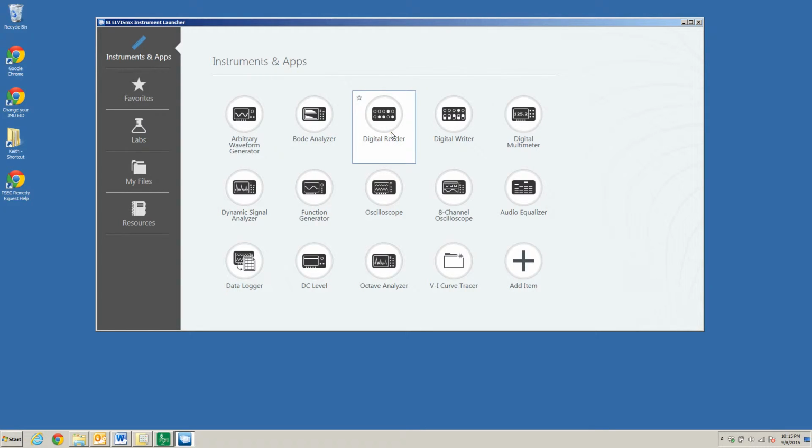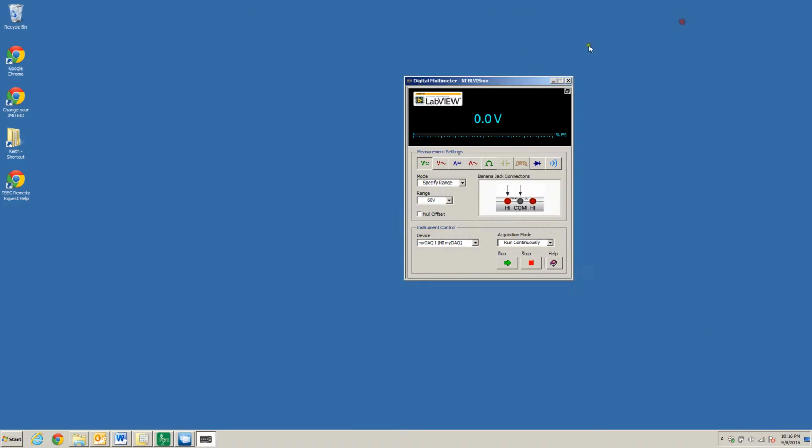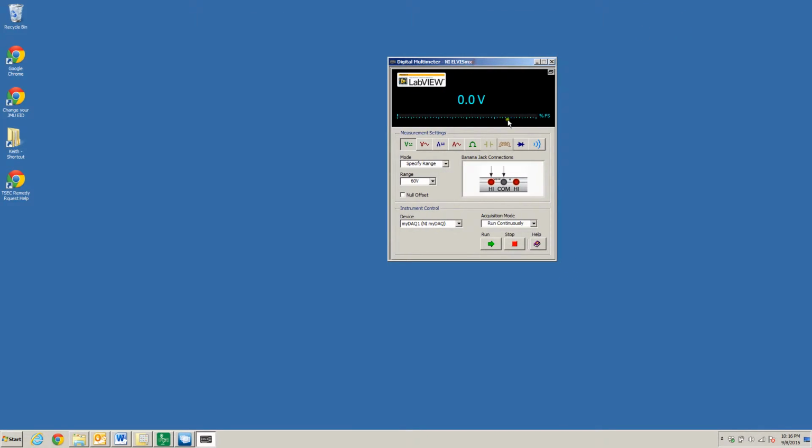Probably the very first thing that you should become familiar with is the digital multimeter application. If we just click on that, it will launch the digital multimeter application. And we see that this looks a lot like the front panel of a multimeter.